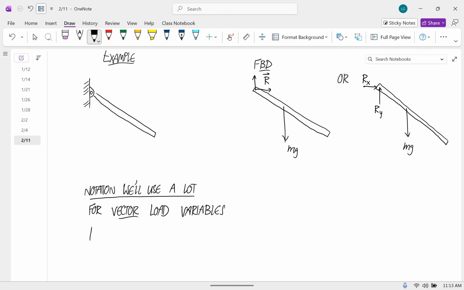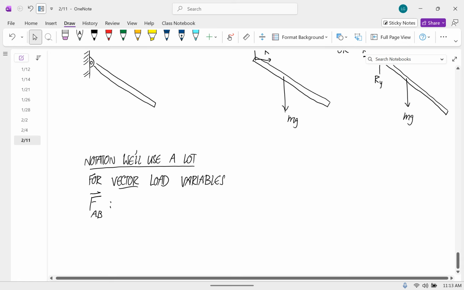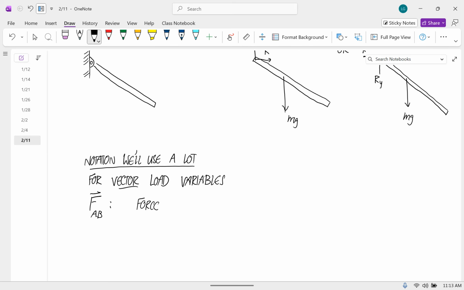The notation is F sub AB, and those A and B are just dummy variables. That could be 1, 2, or whatever, they just represent two different bodies. And the interpretation of this in all my classes is the force on A by B. So the first subscript is what the force is being applied to, and the second subscript is the body that's applying that force.